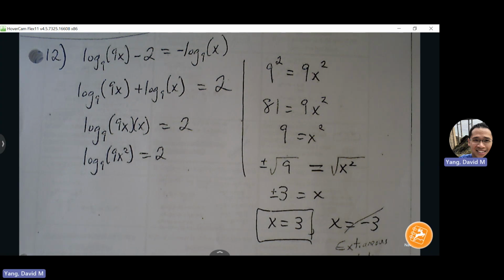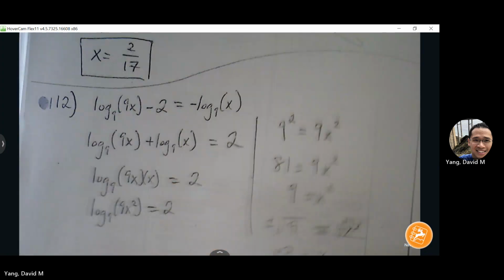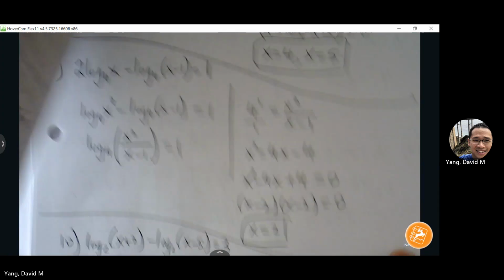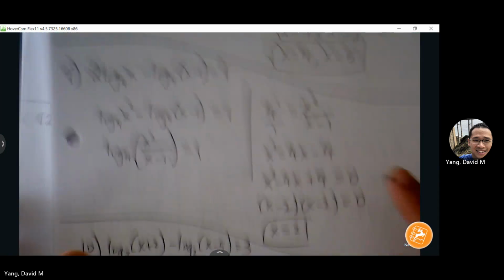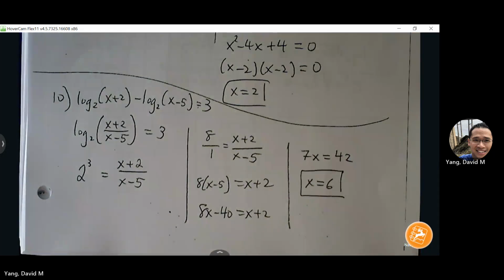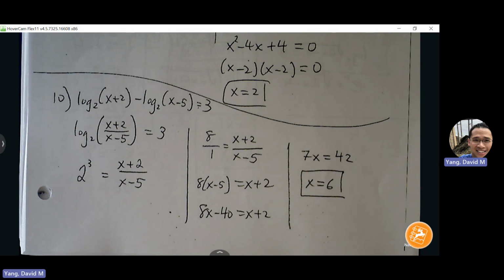If that's not enough room, you can feel free to grab a spare sheet that I have up here. Sorry, 10 through 15 on page 17.